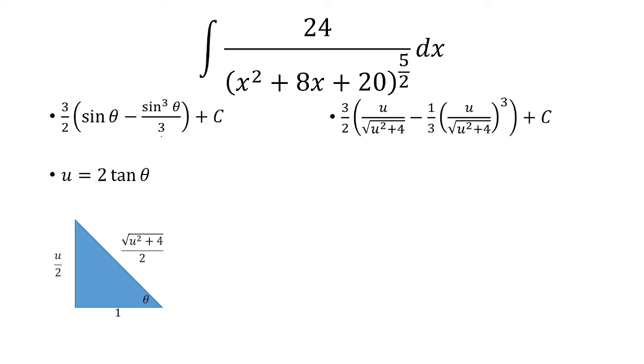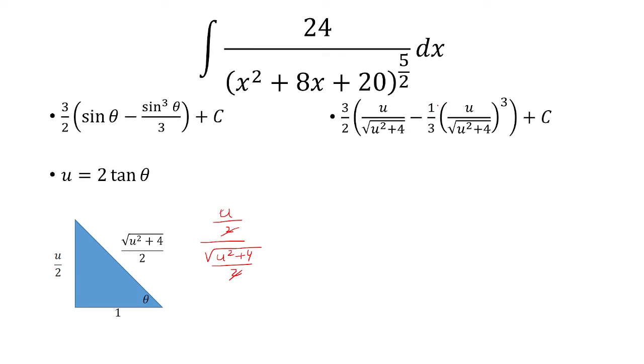So sine of theta is opposite over hypotenuse. Notice the 2's are all going to cancel, because you have u over 2 divided by square root of u squared plus 4 over 2. So the 2's will cancel, and you get just u over square root of u squared plus 4.